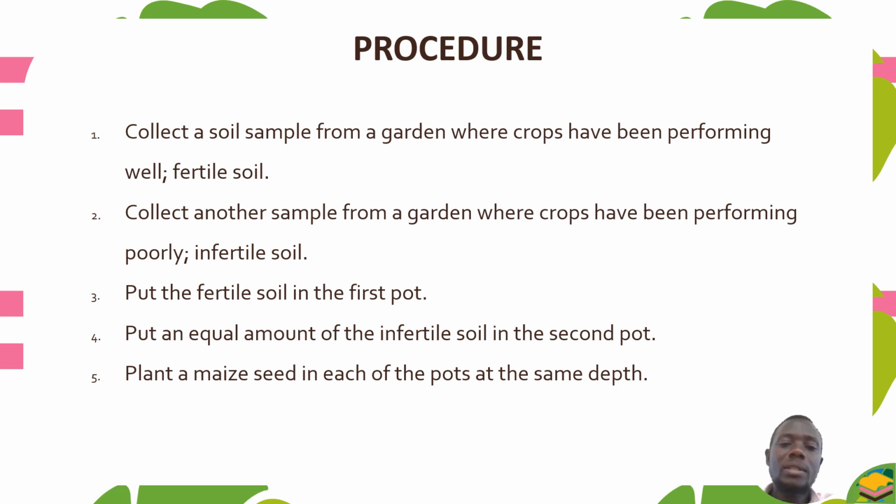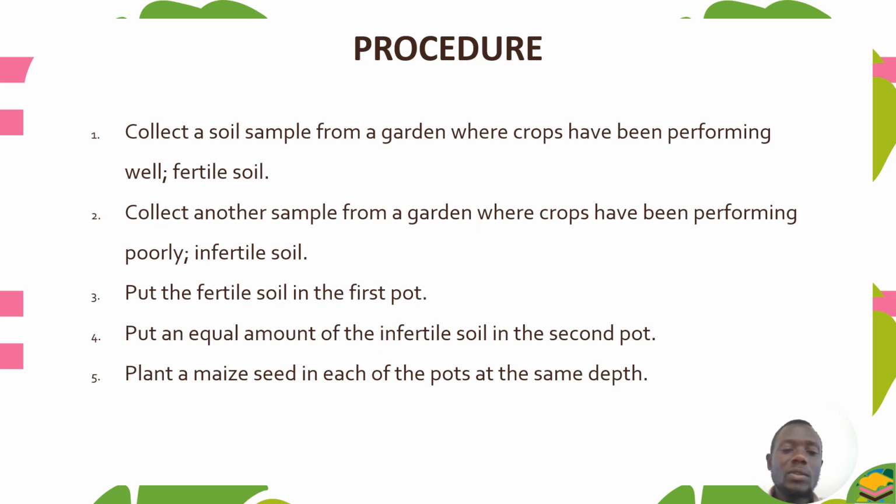So let's look at the procedure of this experiment. We have to collect a soil sample from a garden where crops have been performing well. It means that soil is fertile. Then collect another sample from a garden where crops have been performing poorly. It means that soil is infertile.